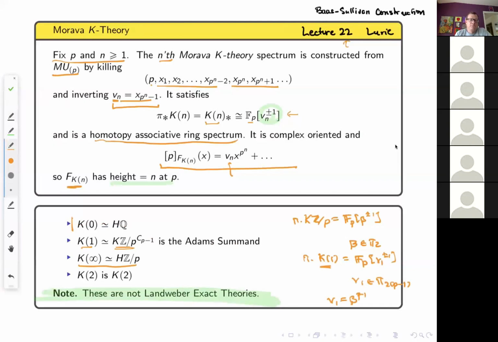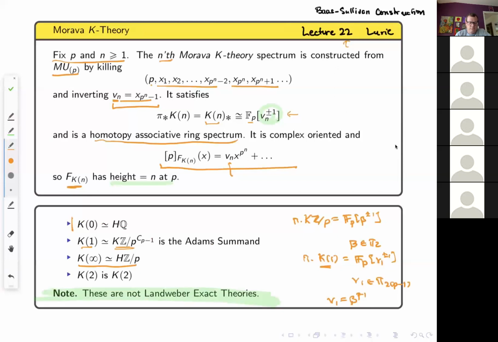K(infinity) is HZ/p, okay? And K(2) is K(2), you know, you probably didn't know about K(2) before today, or, I mean, you did, but there's no better description. There's not some cool theory out there that we had that was called K(2), and then suddenly we found a new name for it. And the same for K(3) and so on. Okay, so these are new theories.